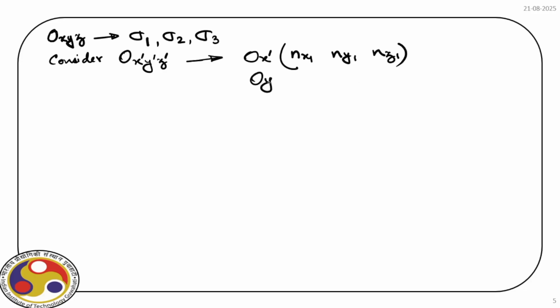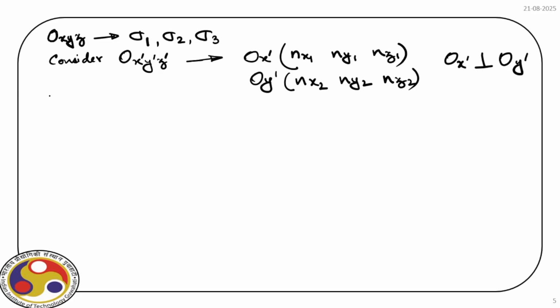Similarly, OY prime will have nx2, ny2, and nz2. Right? Obviously, as per our definition, OX prime is perpendicular to OY prime.